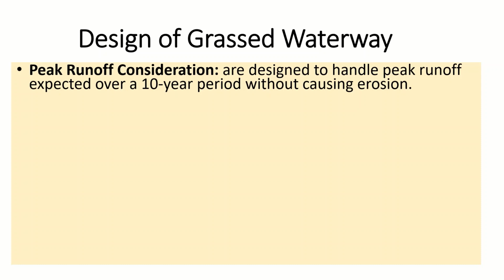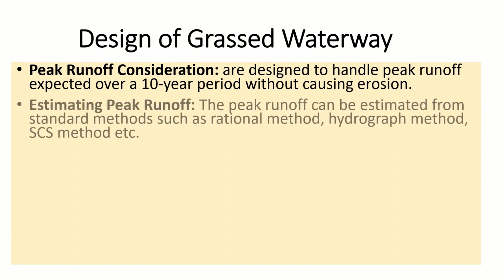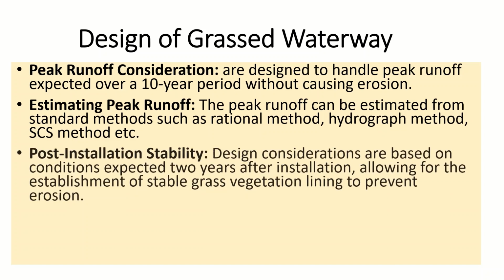We need stability after the installation, so such measures are also to be considered. Then the flow velocity concept will also be considered in the design of a grassed waterway. So how will you estimate the peak runoff? The peak runoff can be estimated from standard methods such as the rational method, hydrograph method, SCS method and other methods.